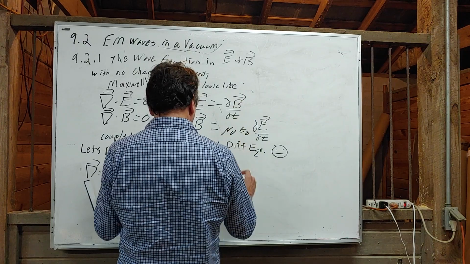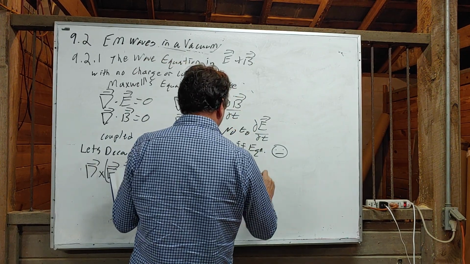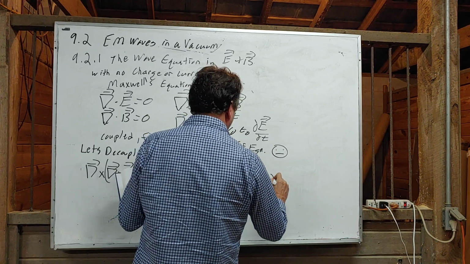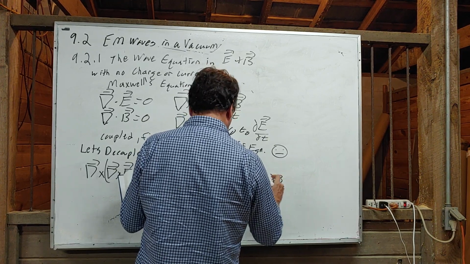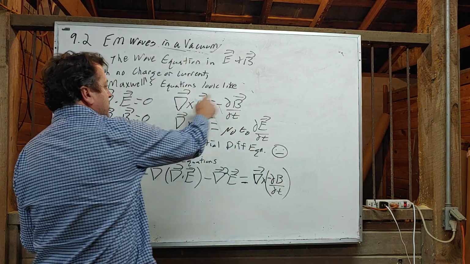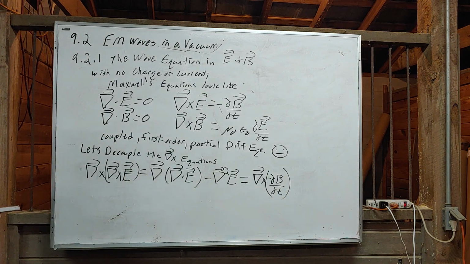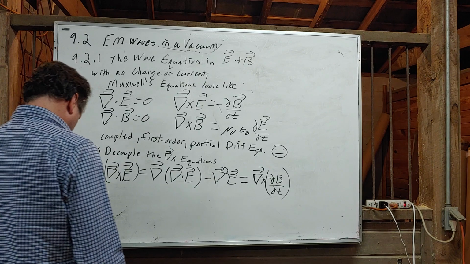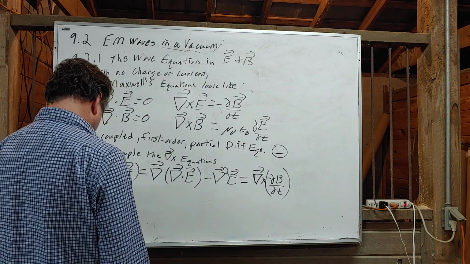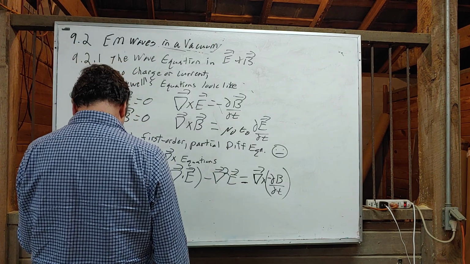Then all that would equal, on this side, del cross this. Remember, just like in algebra, what you do to one side of the equation, you have to do to the other.